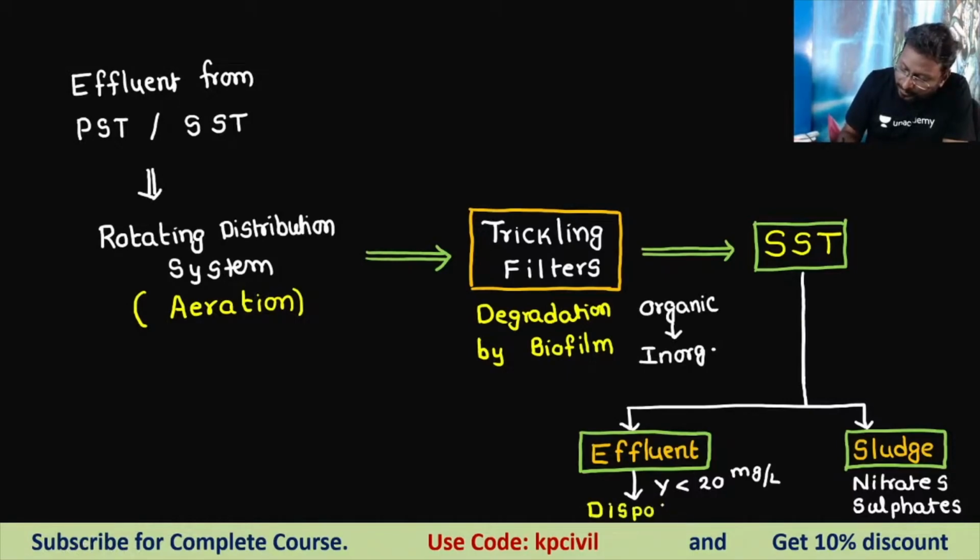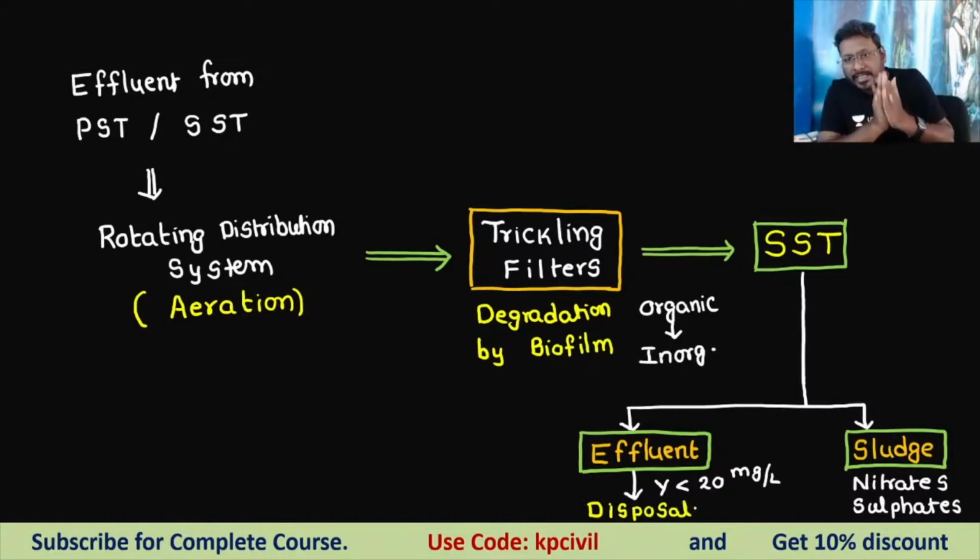Disposal into river. BOD of wastewater from the trickling filter, very important point, remember: BOD of wastewater less than 20 milligram per liter, your target of the sewage treatment objective is fulfilled successfully.